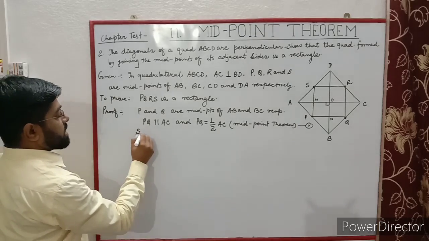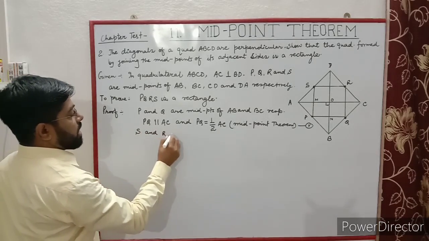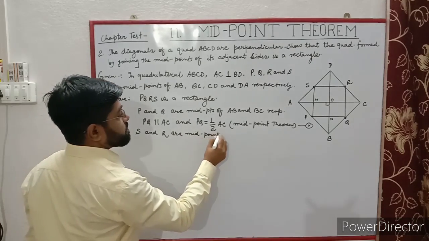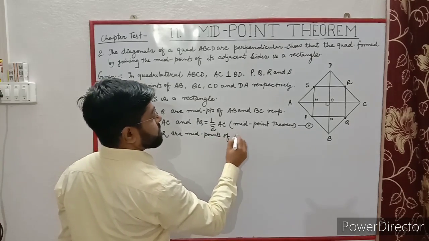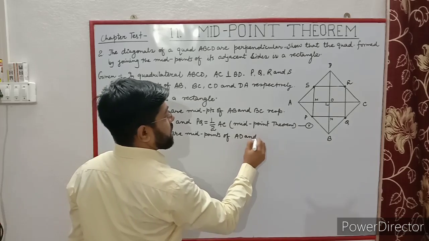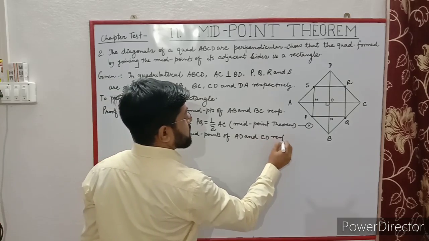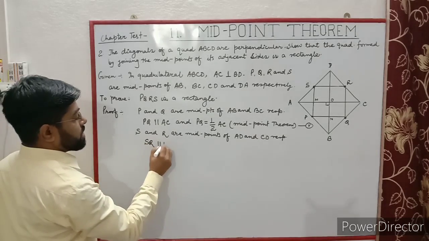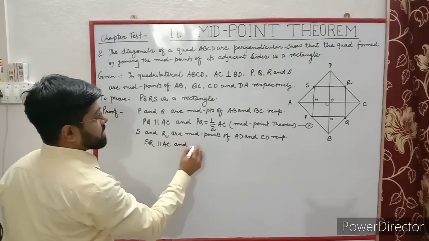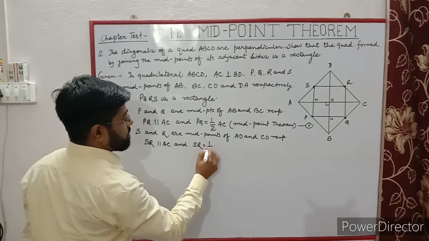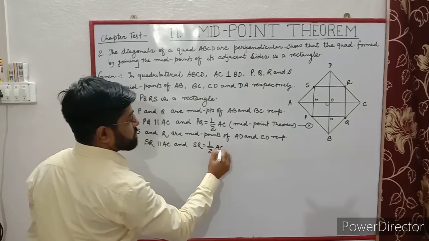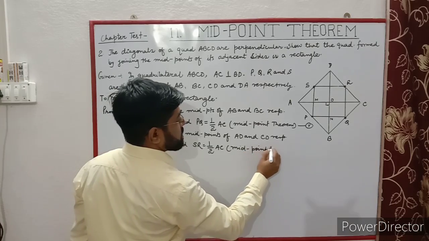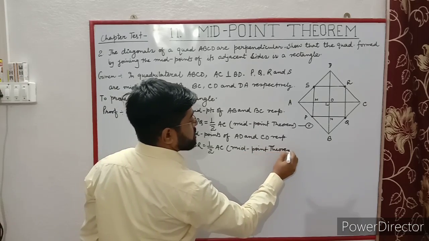Now S and R are midpoints of AD and CD respectively, then SR is parallel to AC and SR is equal to half of AC by midpoint theorem.